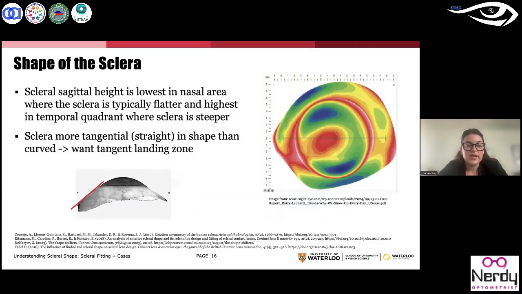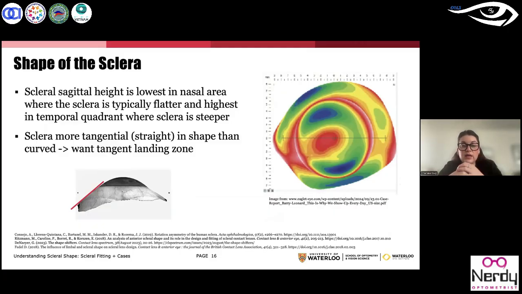So scleral sagittal height is lowest in the nasal area, where that sclera is typically flatter, and it's highest in the temporal quadrant, where the sclera is steeper. So when we're talking about this in terms of elevation maps, the nasal side compared to a reference sphere is going to be more elevated compared with the temporal side.